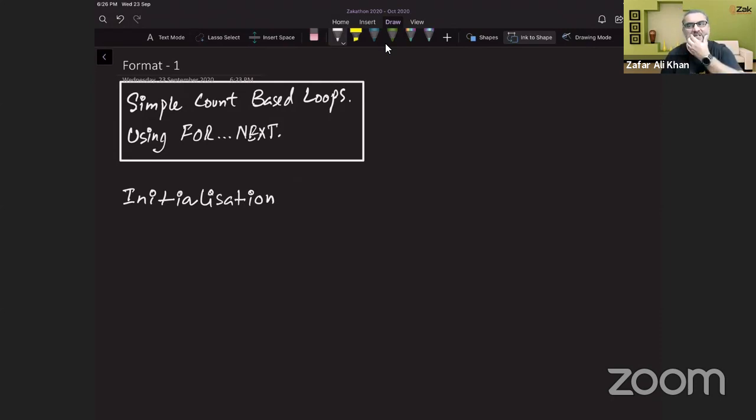All right, what is iteration? Sorry, initialization. Initialization means all of those variables which we are going to use in the program will be assigned their first value, and that is called initialization.